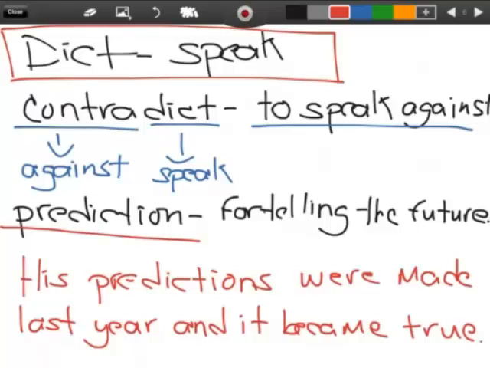His predictions were made last year, and it became true.